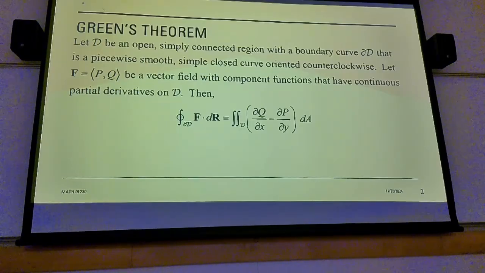Then the circulation along partial D, the boundary of D, of F. Why is that a capital R?